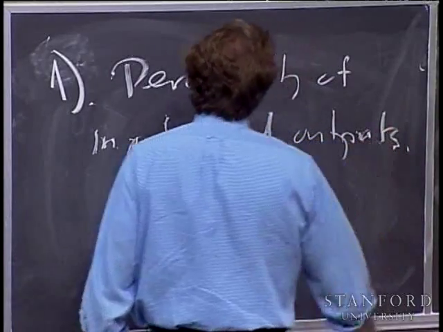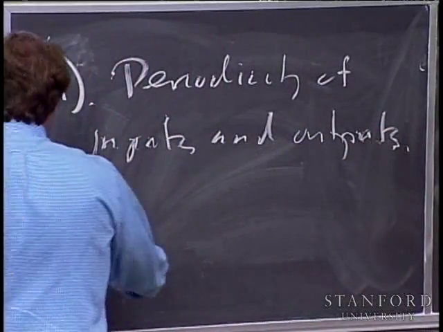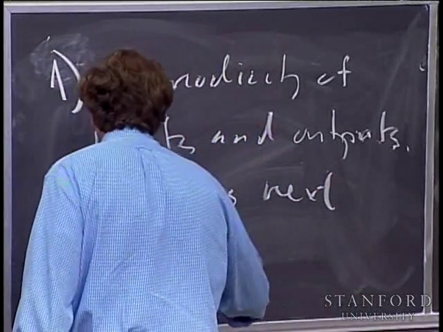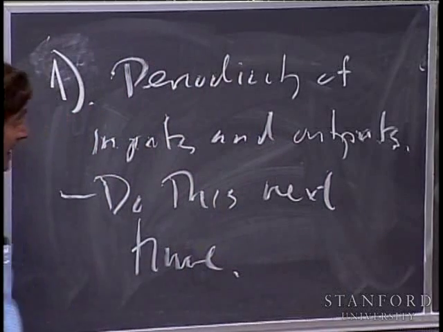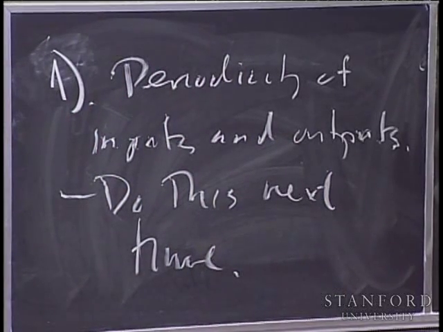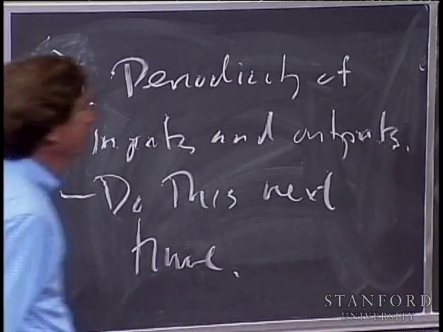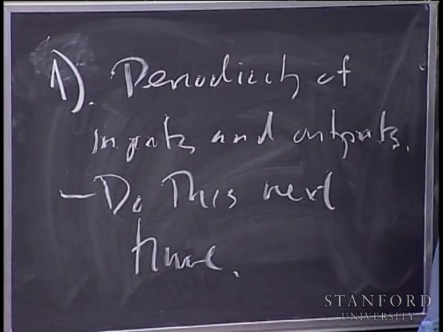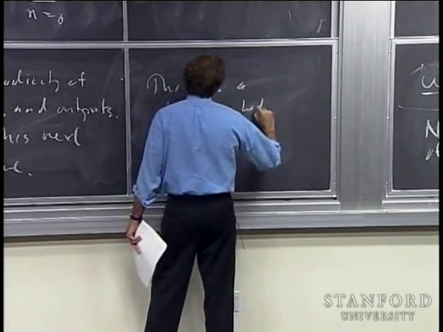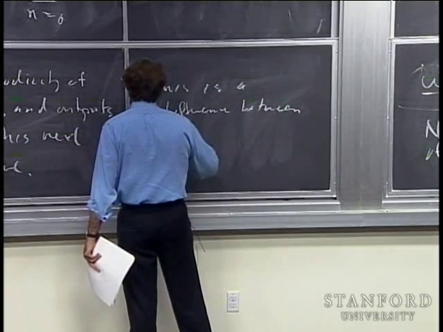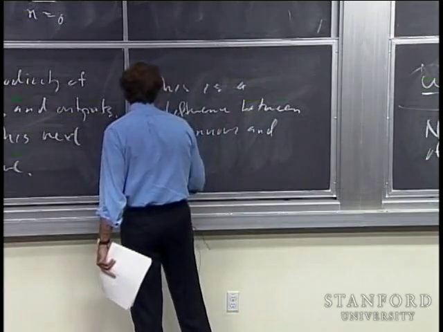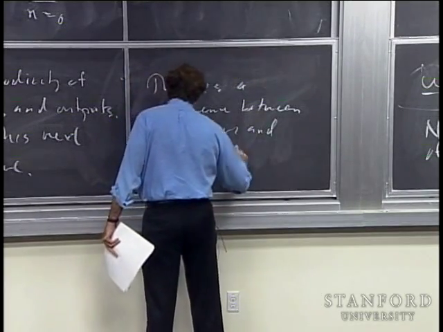All right? I'll talk about this next time. But I wanted to mention it here because it really is probably the first thing you should establish about the DFT. And here, despite all my big build-up about how similar they are, this is a difference between continuous and discrete cases.